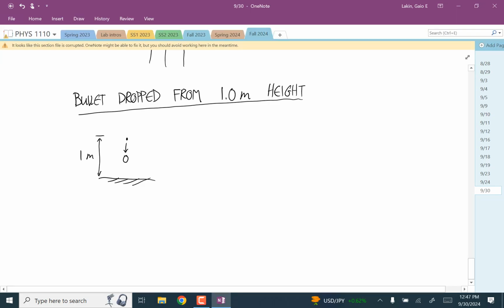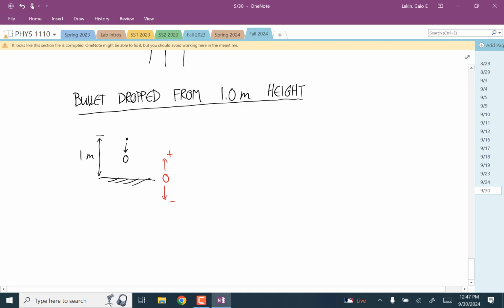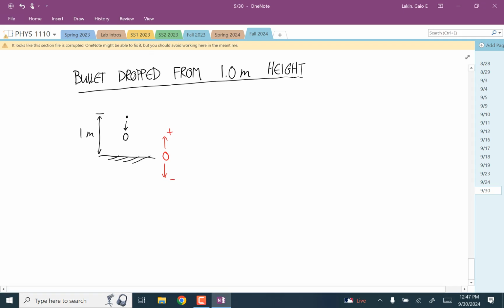I'm just going to go back to using the one-dimensional approach. So my 0 is going to be at the ground. My positive is going to be up. My negative is going to be down. I'm going to choose my time equals 0 instant to be the instant it's dropped, and my time final to be when it reaches ground level.